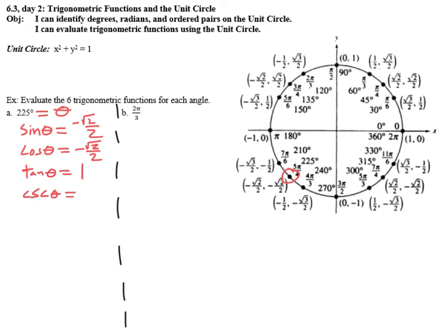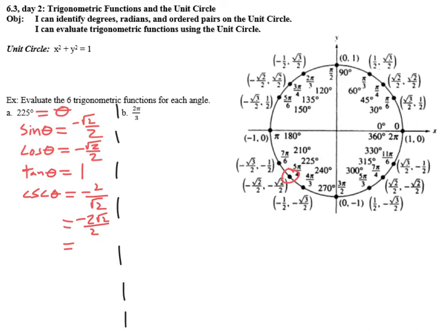I've got cosecant theta, right? So what I got to do is I got to flip my sine value, okay, which leaves me with a little bit of a mess to clean up here. I got to rationalize this. But wait a minute.